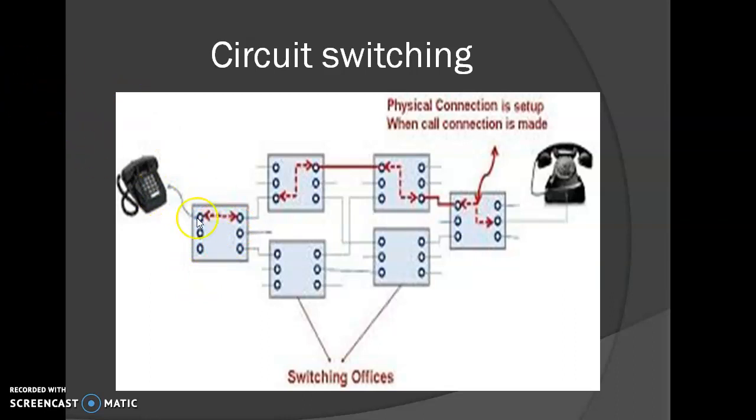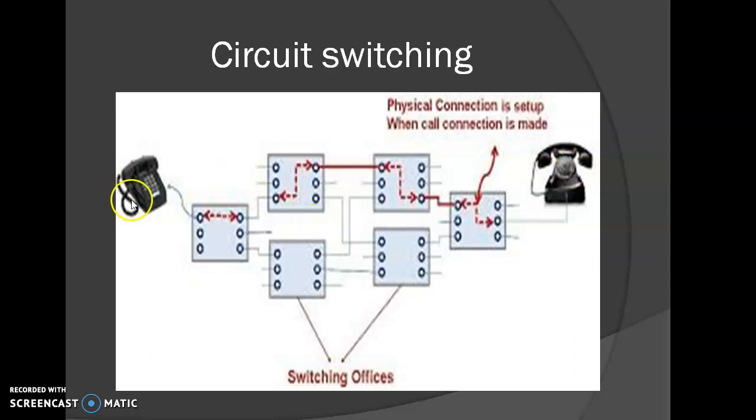If you're making a call, it'll go to the first operator. The first operator will connect your line to this port, and likewise this will be transmitted to the next transmission operator, depending on how many switching offices are there in between. So this will be connected to this, and to this, and finally this will reach your destination here.